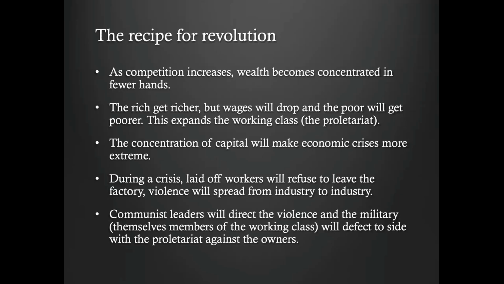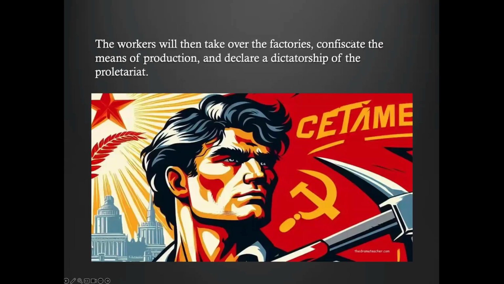And when the soldiers see that their interests don't align with the owners, the military will defect to the proletariat against the owners. And then that's bad news for the owners, because the workers will then take over the factories.